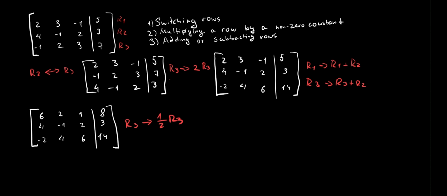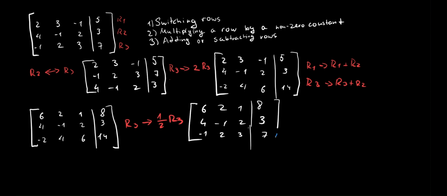Okay, let's divide that. And this is it. So these were the three row operations we can use in order to solve a matrix.